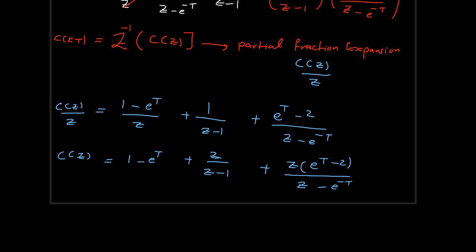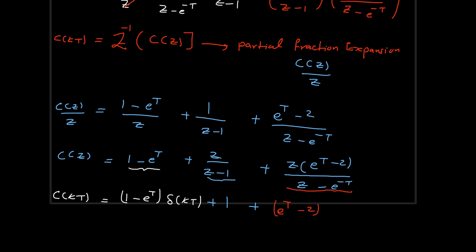Now we can find C of kT. The first one here is the impulse, so (1 minus e^-T) multiplied by delta of kT, plus the second term here is the unit step sequence, so 1, plus now the term here is (e^-T minus 2) multiplied by e^-kT, a constant multiplied by an exponential term.